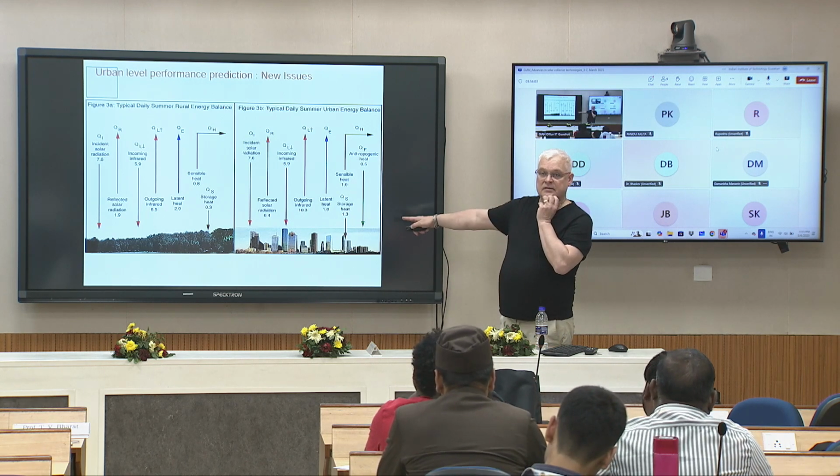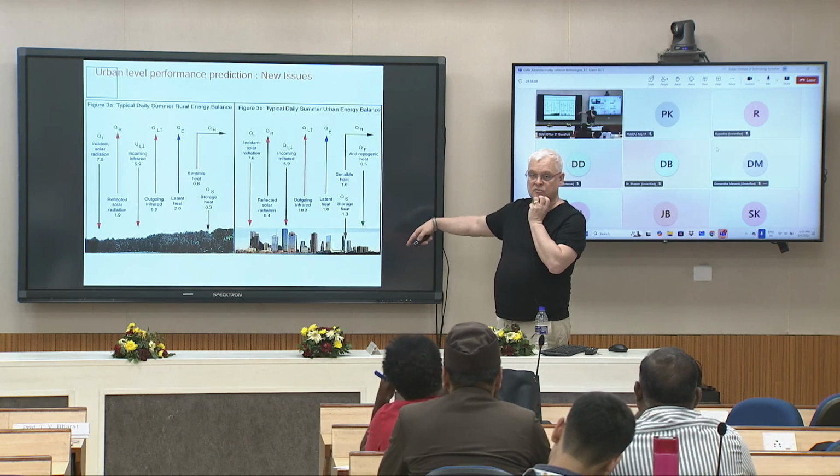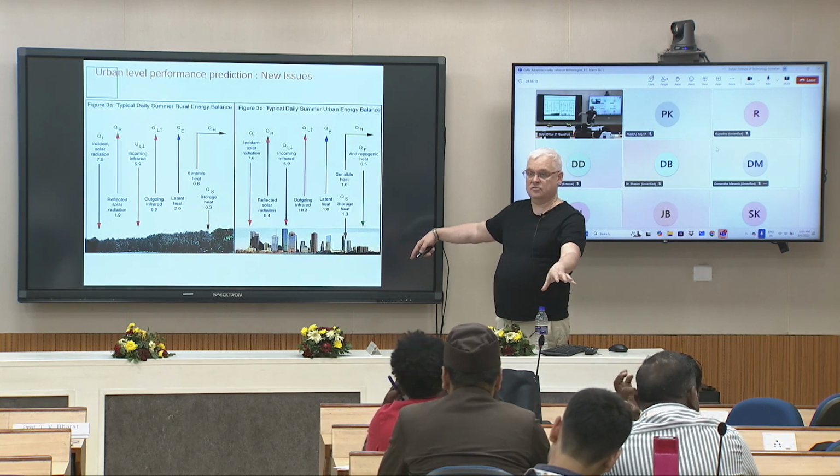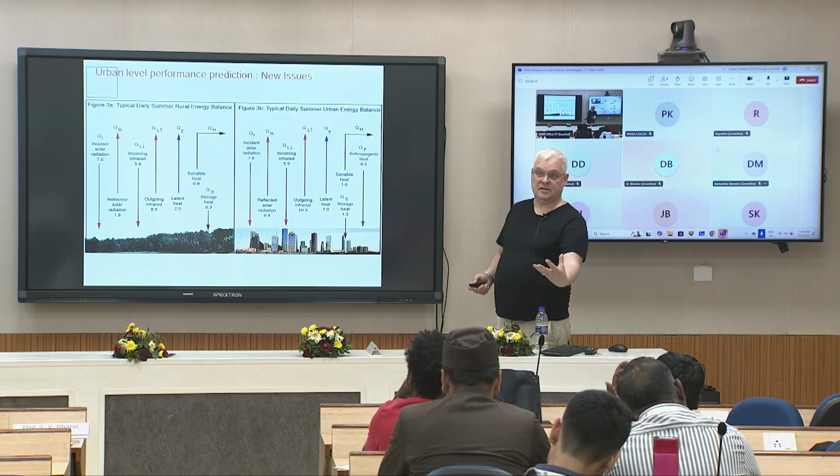So this makes it necessary to modelize that in order to have an idea of the temperature in the city, in order to have an idea of the needs in terms of energy.